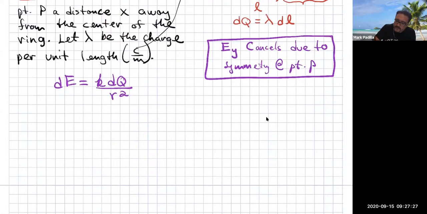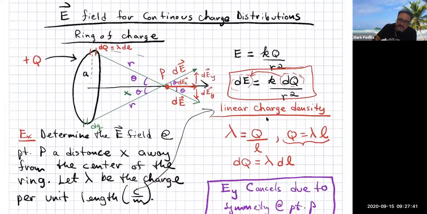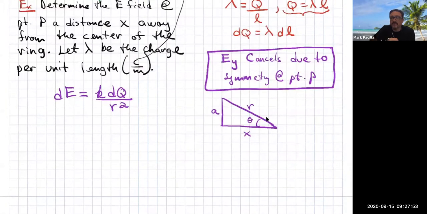What I do is in the beginning, I always draw the right triangle that I'm dealing with. This would be theta, that's my r, that's my a, and that's my x. That is that triangle right there. So I want to define the triangle I'm working with that describes that E field.